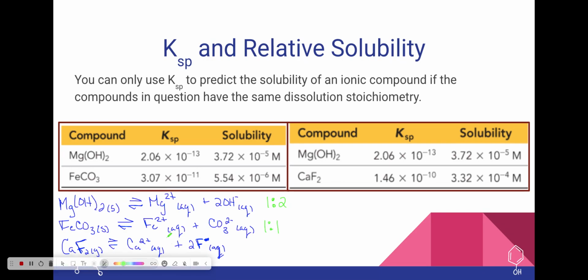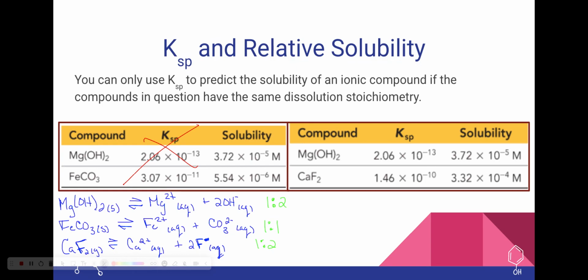And then our final one is calcium fluoride. Its dissolution equation has calcium 2 plus and then 2 fluoride ions. So that's 1 to 2. If we were to look at their solubilities, we can't compare magnesium hydroxide to iron 2 carbonate.